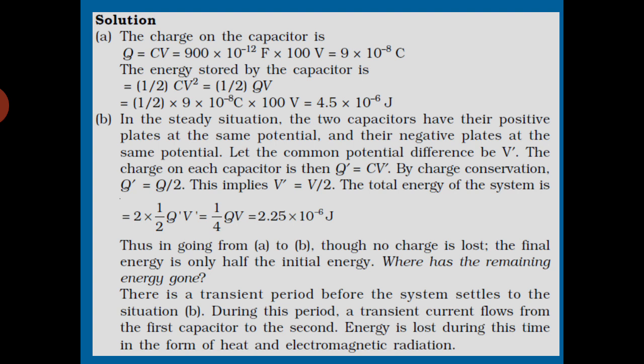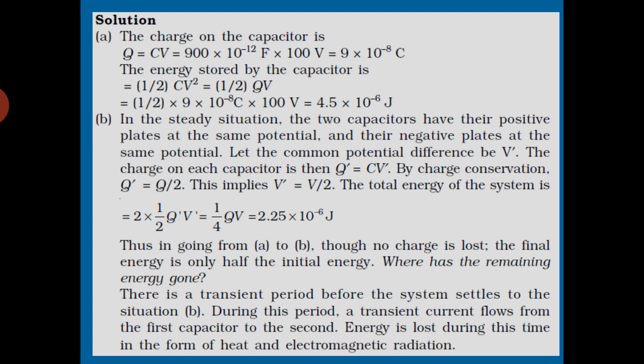Now by charge conservation, we know charge will remain the same. Charge can neither be created nor be destroyed in isolation. Initially, the other capacitor which is connected is not having any charge, zero charge, whereas the first capacitor was having the charge Q. So what will be the charge on both of these capacitors when they are connected to one another? 0 plus Q by 2, that is Q by 2.